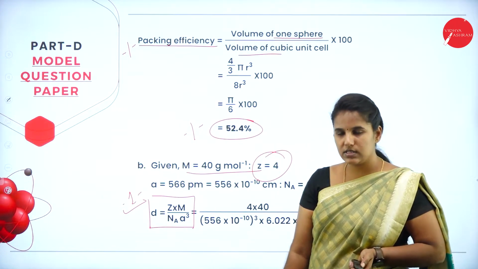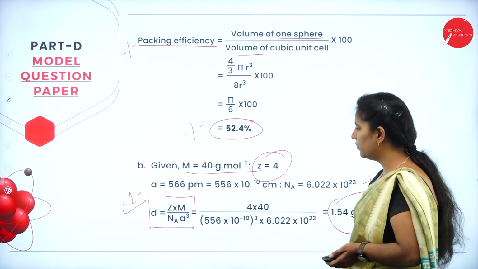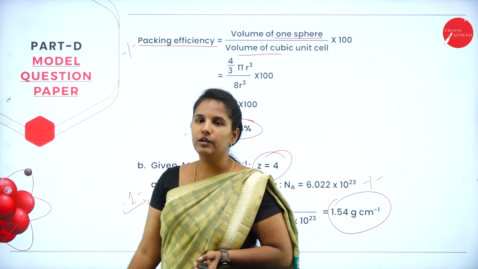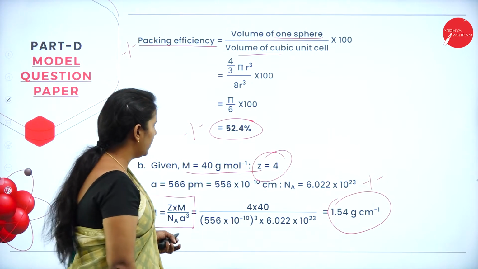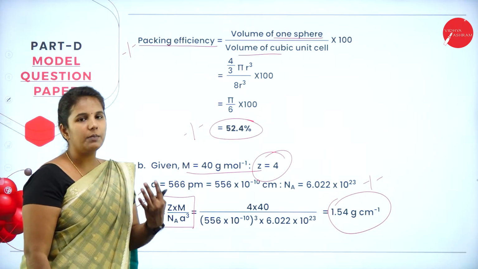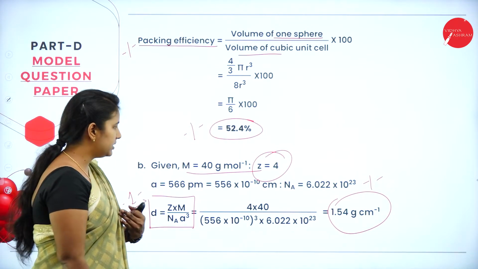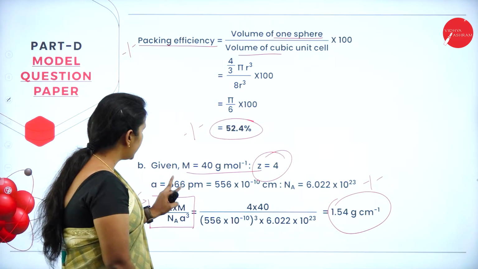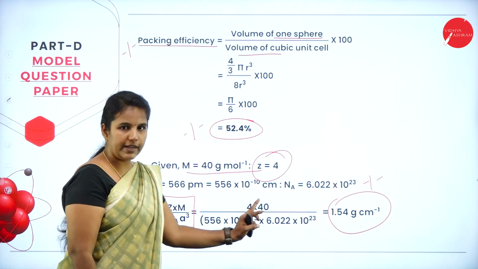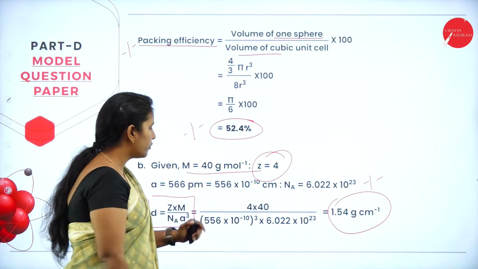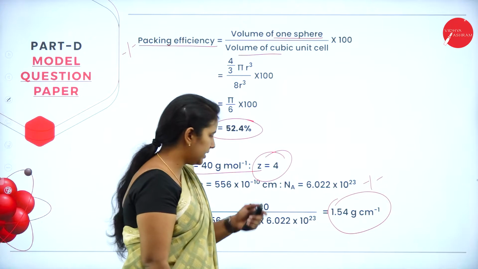In FCC the Z is nothing but 4, and they have given the edge length, that is 556 picometer. We all know that 1 picometer is 10 to the power of minus 10 meter, or centimeter, you can say. So, we need to convert this picometer into centimeter form, so it is 556 into 10 raised to the power of minus 10 centimeter.